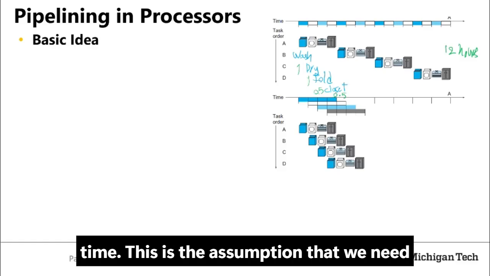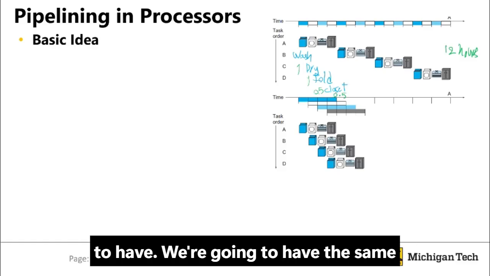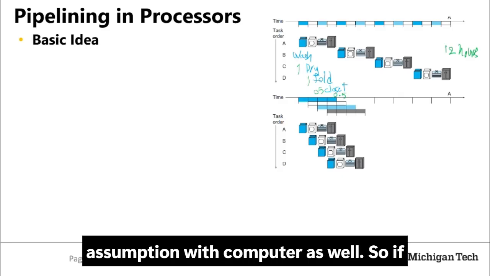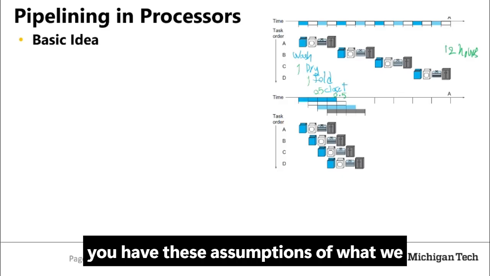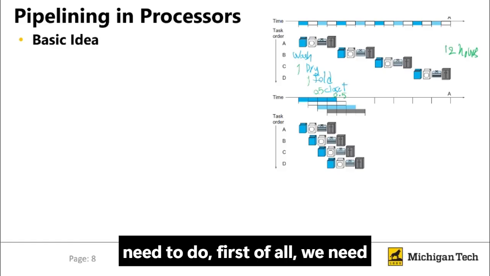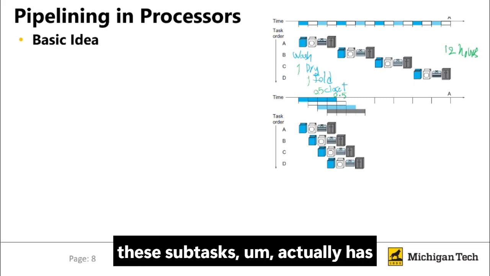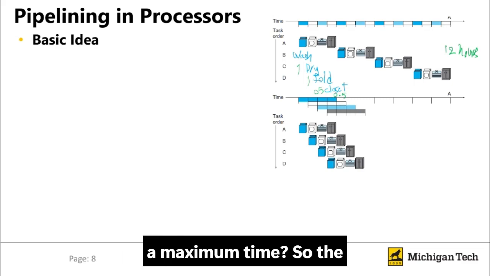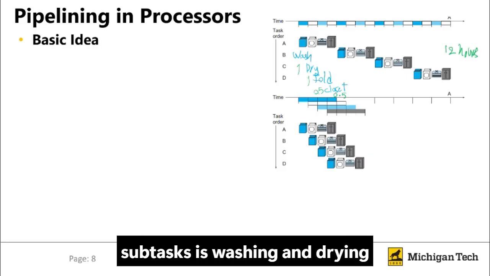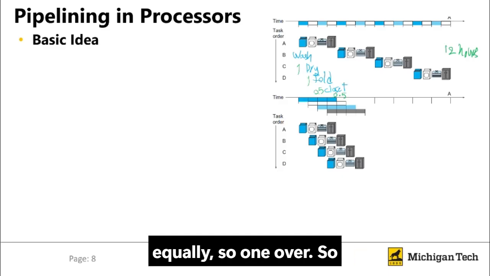We're going to have the same assumption with a computer as well. We need to see which of these subtasks has the maximum time. The maximum time of these 4 subtasks is washing and drying, equally 1 hour.